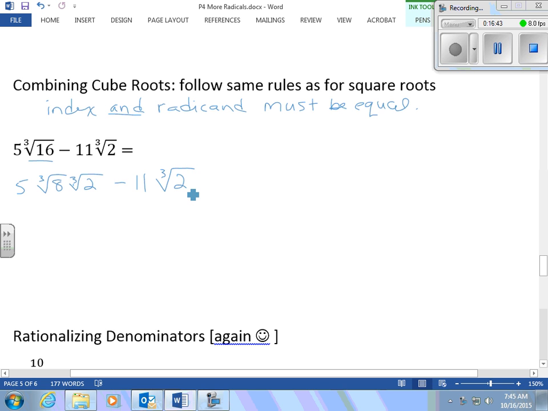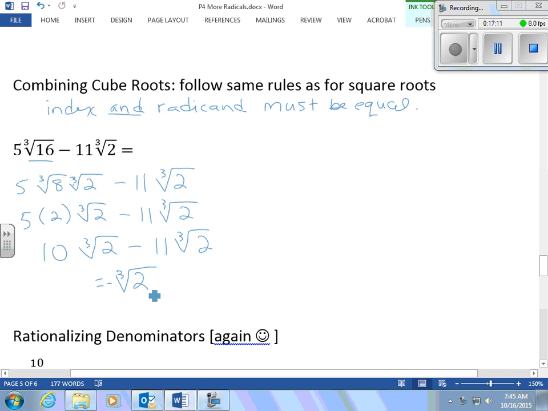So the cubed root of 8 is 2, so that becomes 5 times 2 times the cubed root of 2 minus 11 times the cubed root of 2. So that gives us 10 cubed root of 2 minus 11 cubed root of 2, which will give us negative 1 times the cubed root of 2. So we could just write that as negative cubed root of 2.